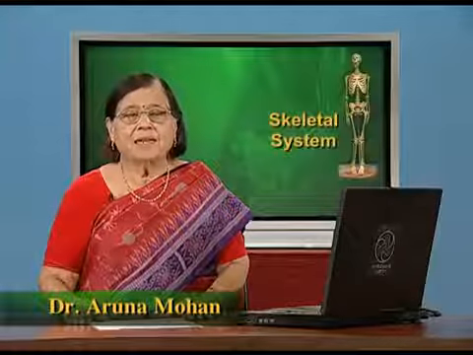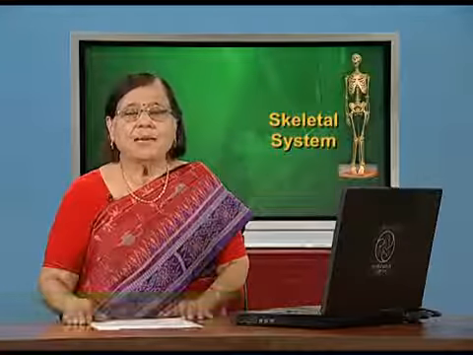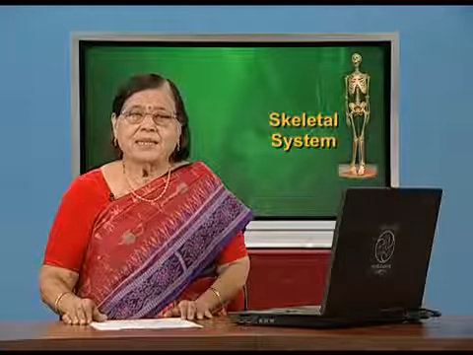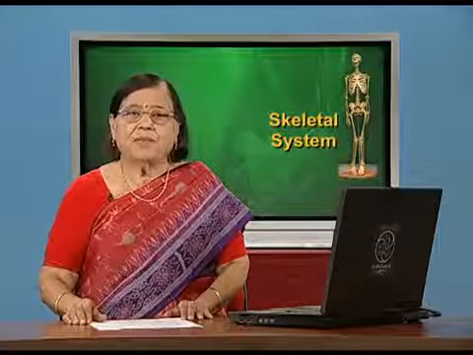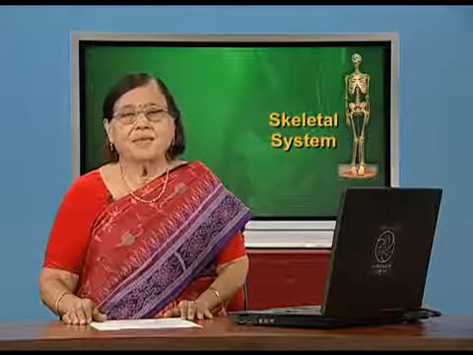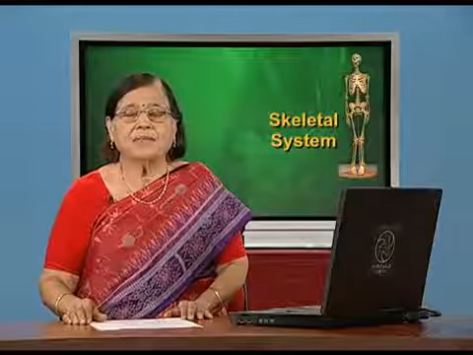Dear students, in previous sessions, we discussed the skeleton in relation to movement and locomotion. We understood that along with bones, the muscles and the nervous system are also important.